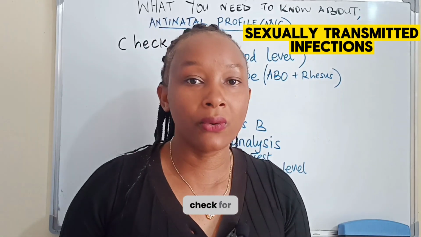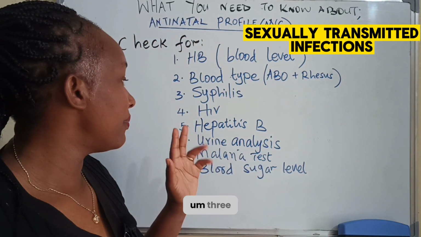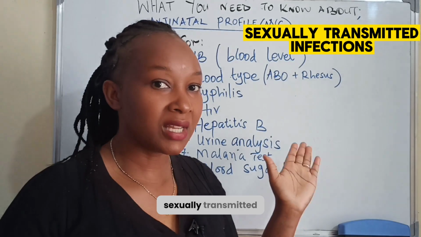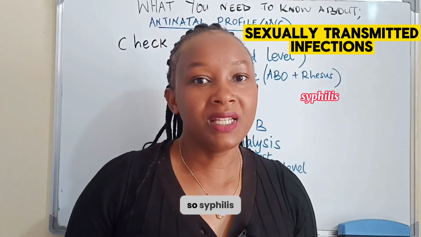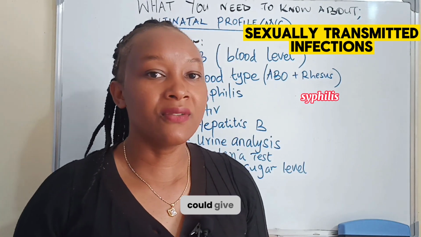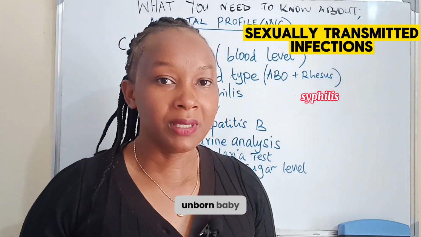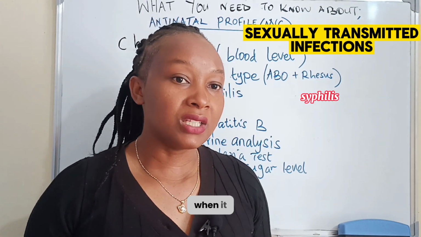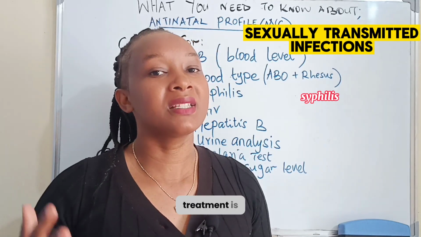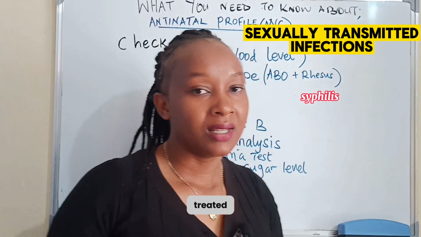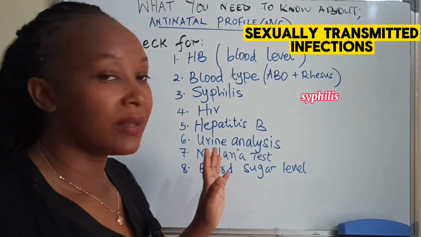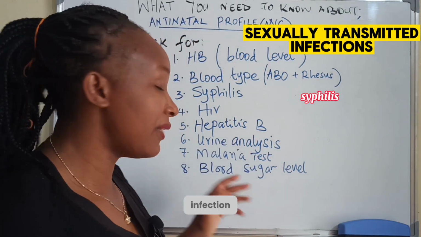So we check for 3 sexually transmitted infections, and the first one is syphilis. Syphilis is tested because you could give syphilis to your unborn baby, and when it is found to be positive, treatment is started immediately, and the goodness is that it could be treated. Syphilis is a sexually transmitted infection.